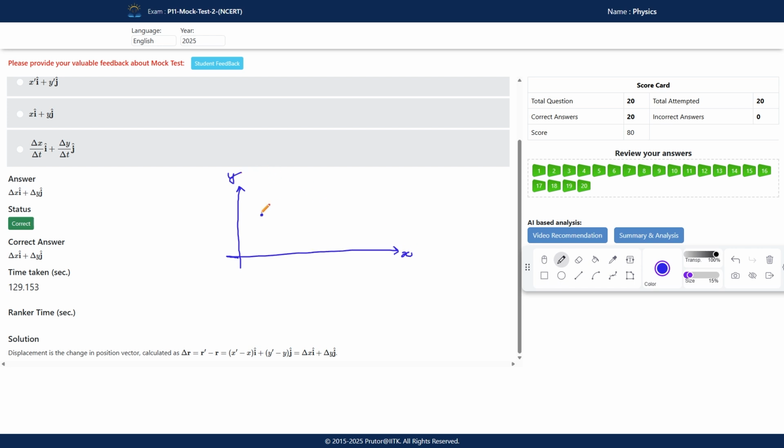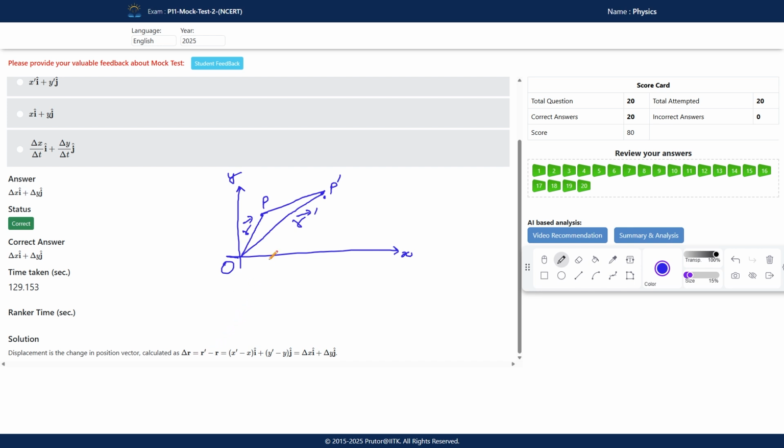So point P and another point P prime, like this, and the position vectors that originate from the origin. So this is r vector and this is r prime, and the change from P to P prime is the displacement vector.